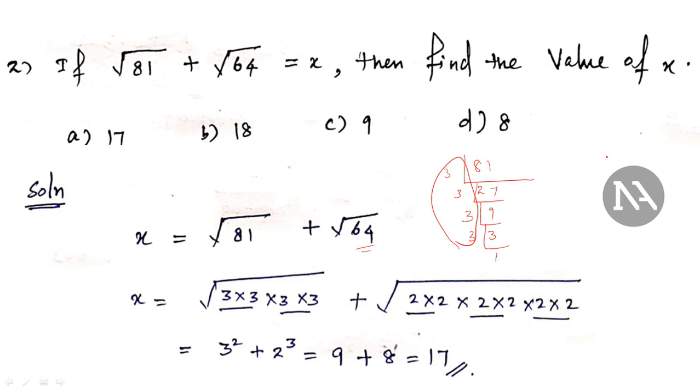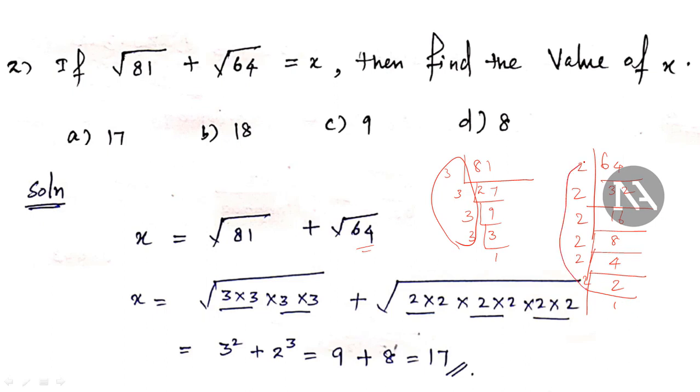Similarly 64. It is an even number, so I can divide by 2 first. Again you can divide by 2, again by 2, again by 2, again by 2, and again by 2.